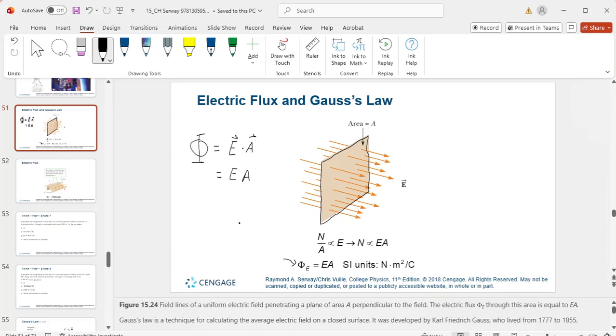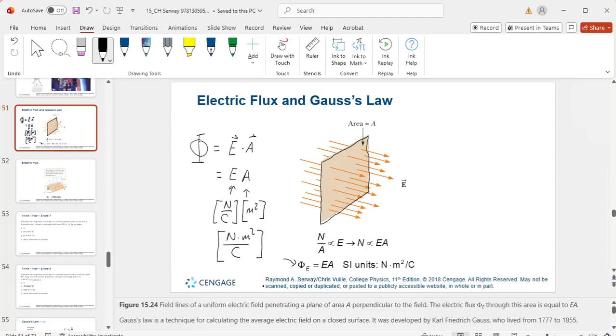And so the units are going to be the electric field in newtons per coulomb, and the area is going to be in meters squared. So this turns into newtons times meters squared per coulomb. So this is the value of the electric flux.